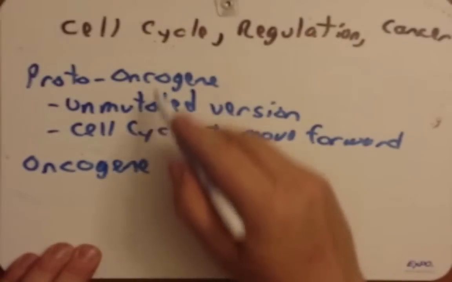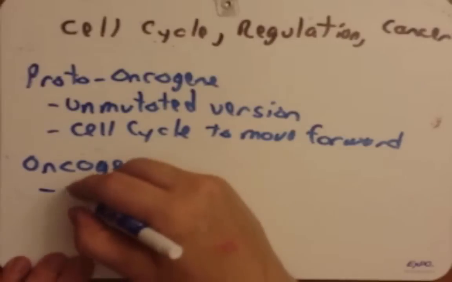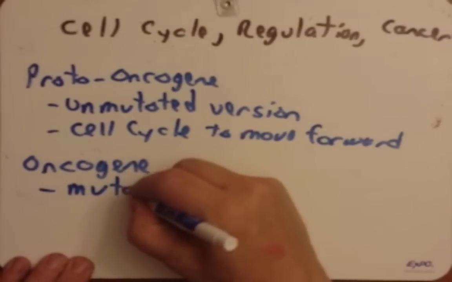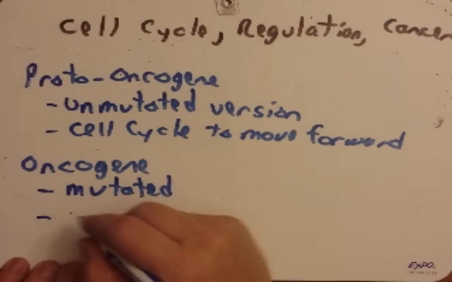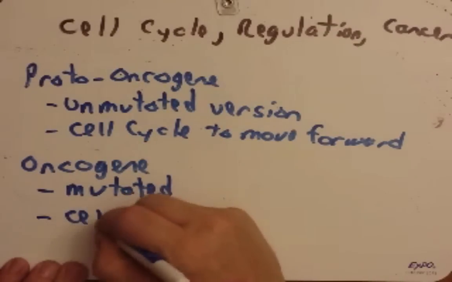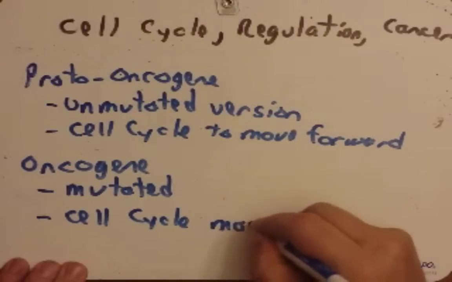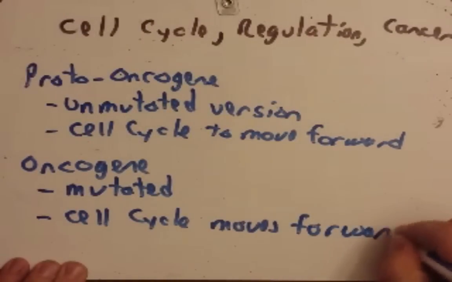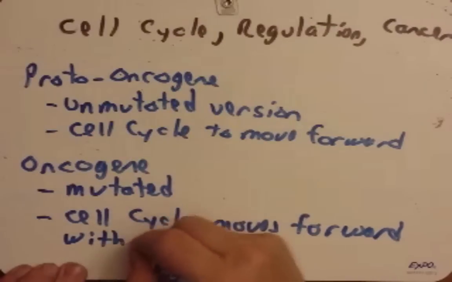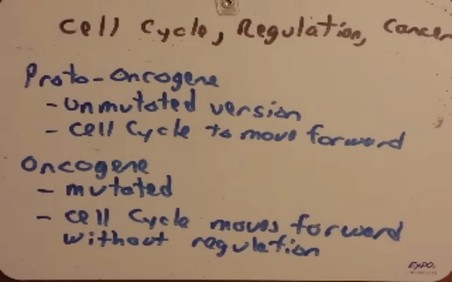An oncogene is the same gene as the proto-oncogene, but now it's been mutated, and it forces the cell cycle to move forward without regulation. It's going too fast, so to speak.